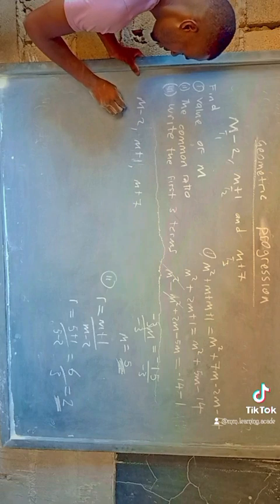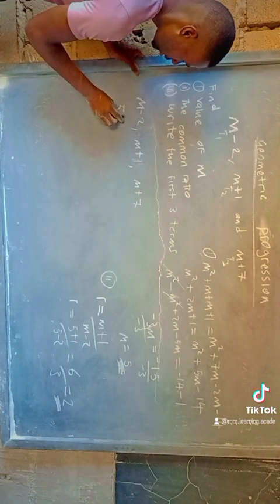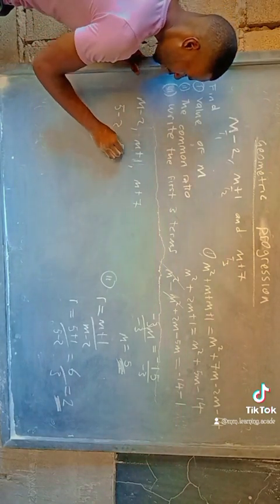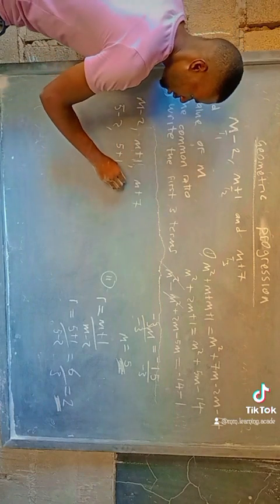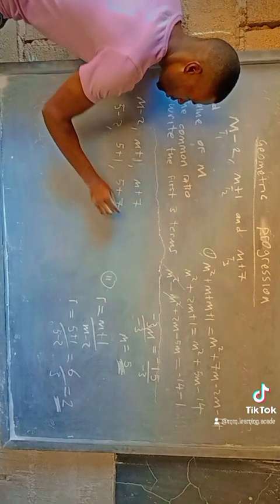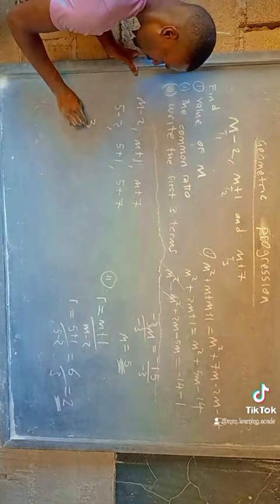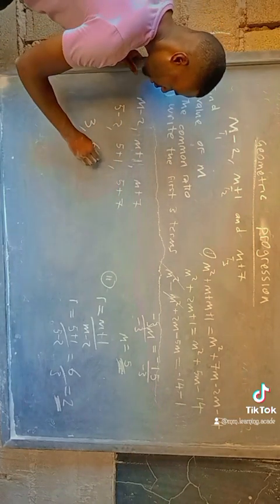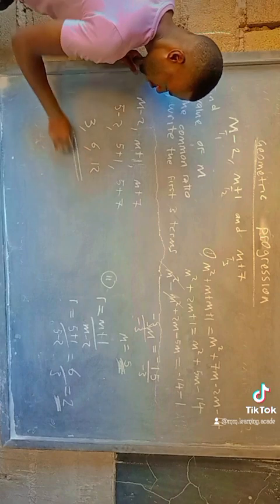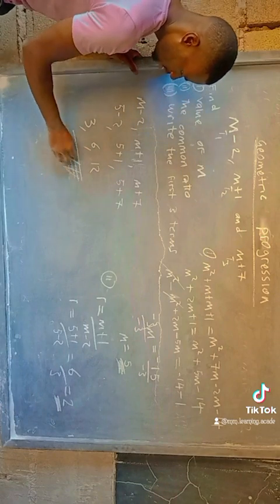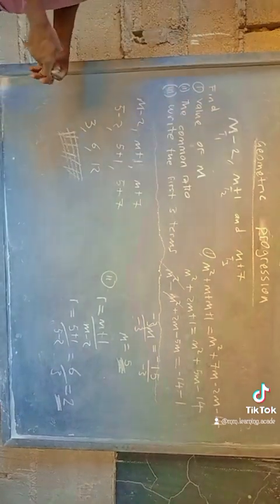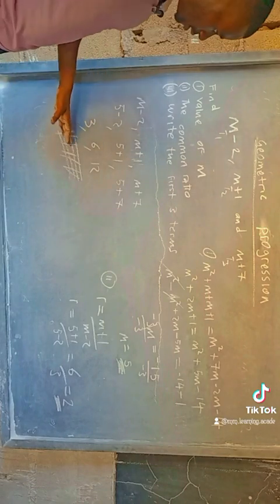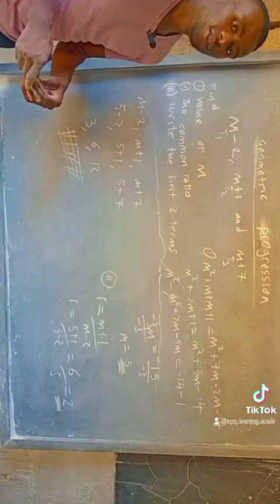So we say 5 minus 2, next is 5 plus 1, and the other one is 5 plus 7. This should give us 3, 6, then 5 plus 7 gives us 12. So these are the first 3 terms: 3, 6, 12.